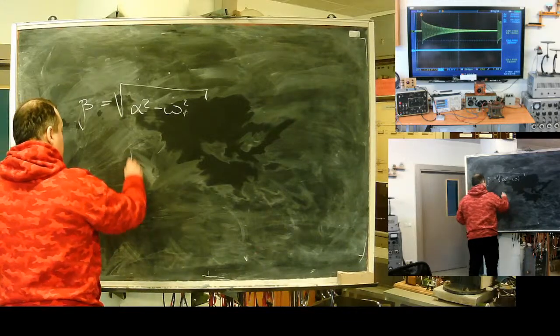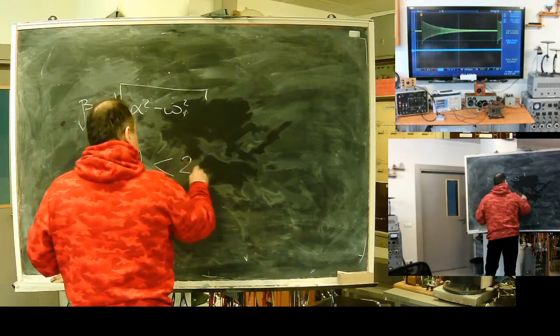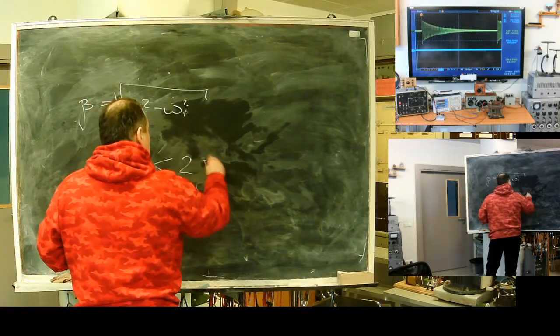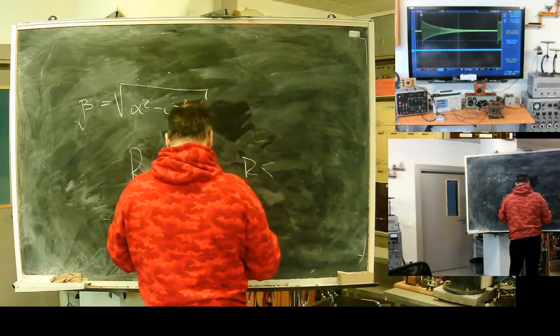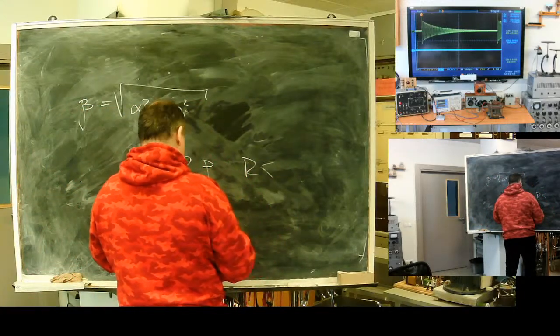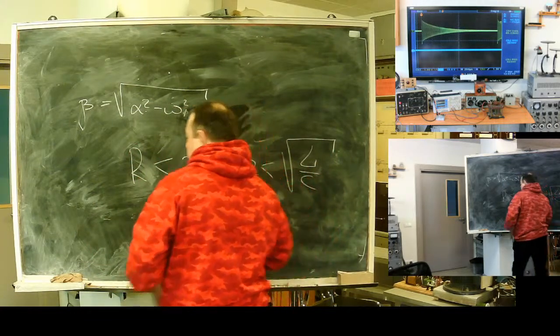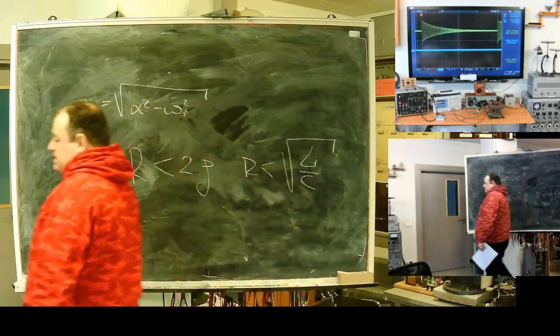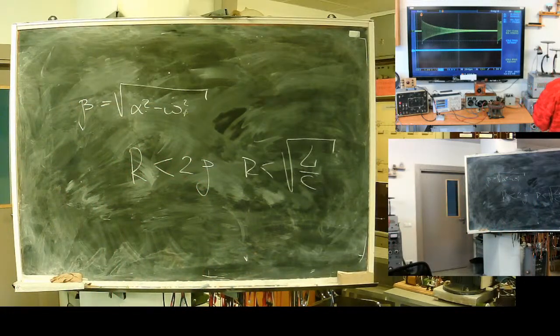There is a moment when active resistance is smaller than double the wave or characteristic resistance, or is lesser than the square root of L divided by C. Some call it wave resistance. Take a look.